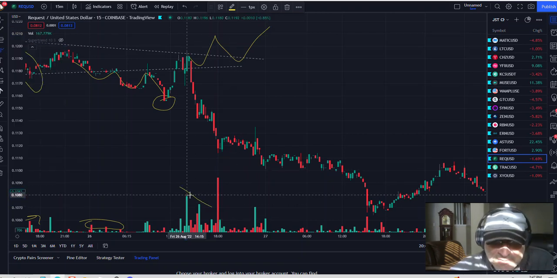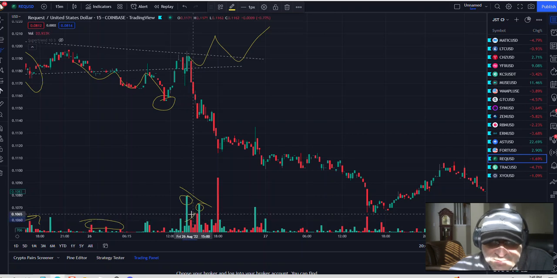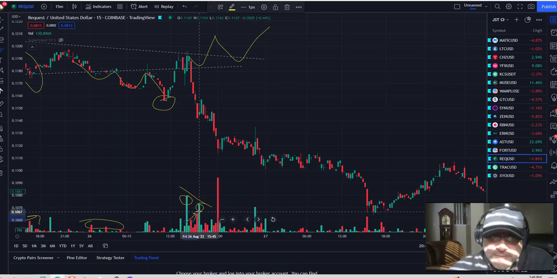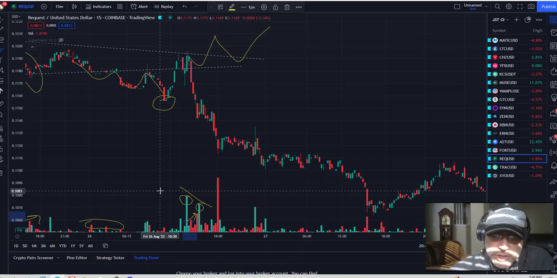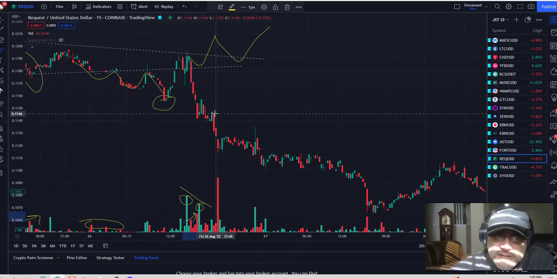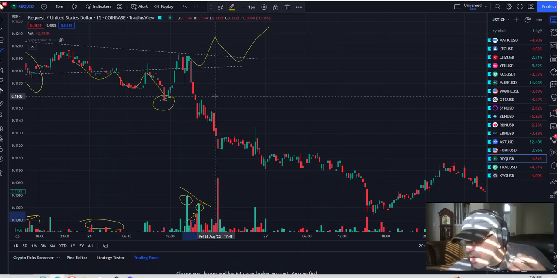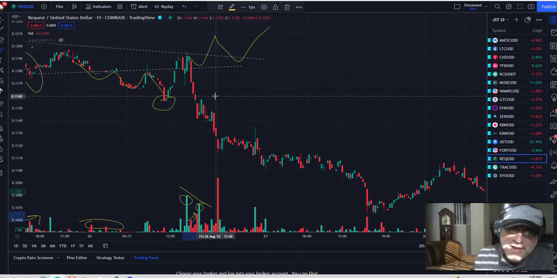But here we have this large one and then this smaller one. So this is a decrease in demand, and here we have an increase in supply. Supply has been increasing successively. Even though demand has the predominance, demand is shortening, whereas supply is expanding, even though it's smaller. And so that to me showed the legitimacy of a downward movement, and I would not be looking to go long in this.